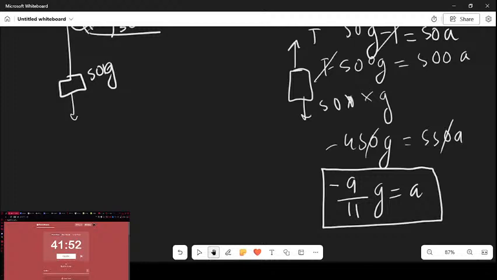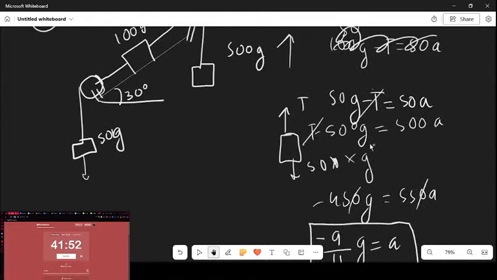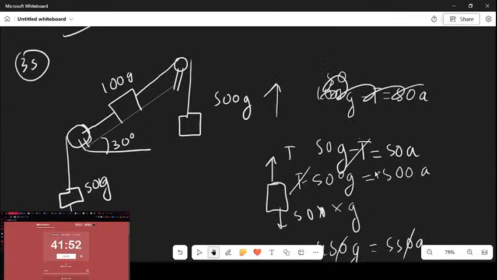That means it's going to move. Actually, it's going to move downward. It's actually wrong. So I mean, are they going to move with different acceleration?